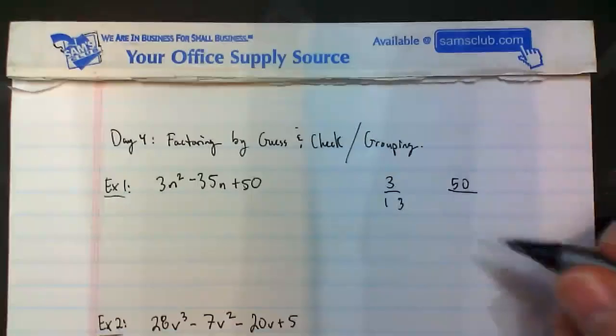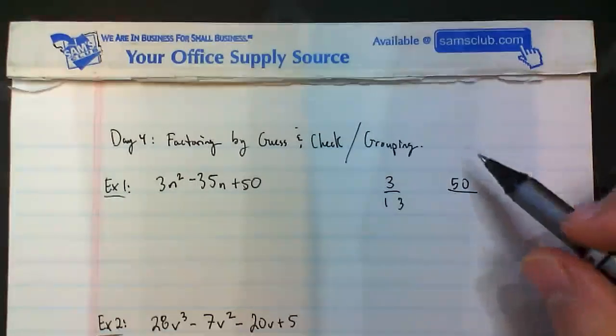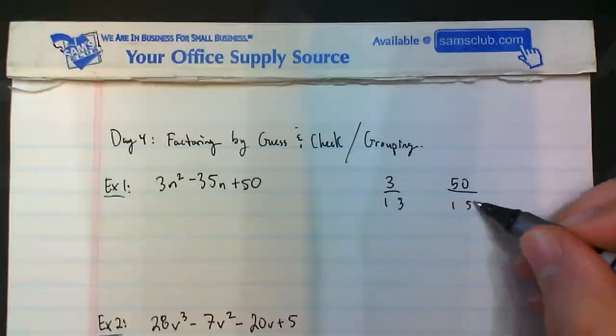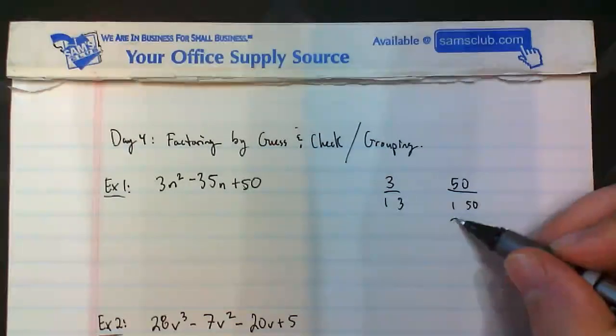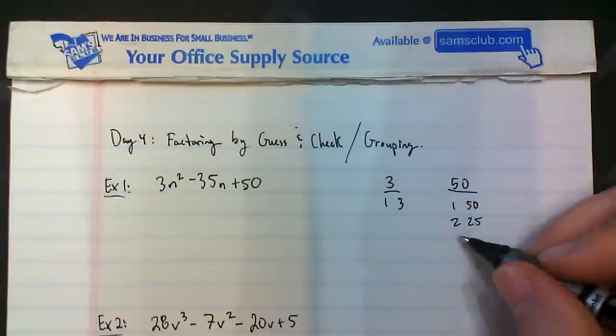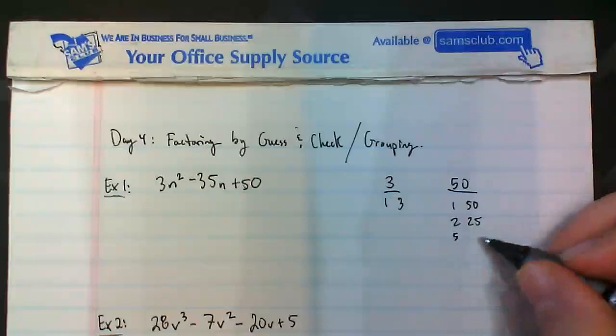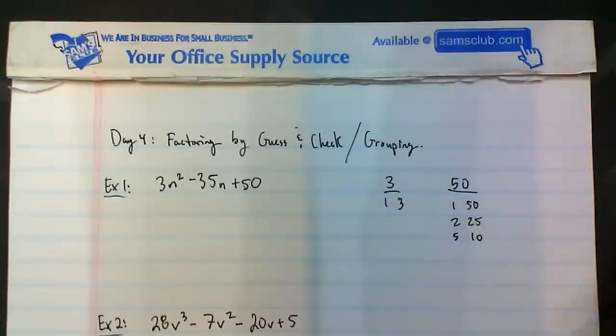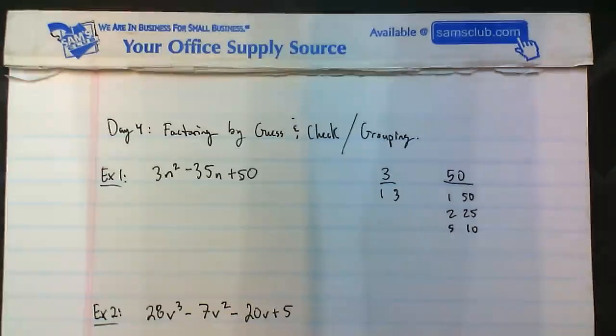So we're going to have lots of different guesses here for our guess and check method. So you have 1 and 50, you have 2 and 25, you have 5 and 10, and I think that's about it. So these are your factors that you have.